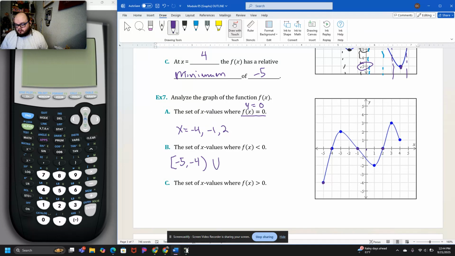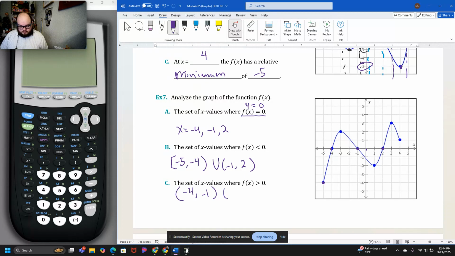Okay, and then we're going to union that with -1, 2, 2. Okay, where it is less than. Okay, now we can do the greater than that I was wanting to start with. So from -4 to -1, and that should be a parenthesis, not a bracket.